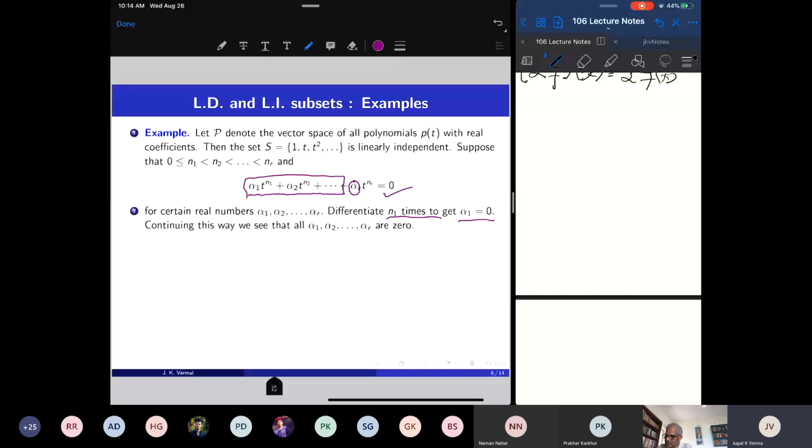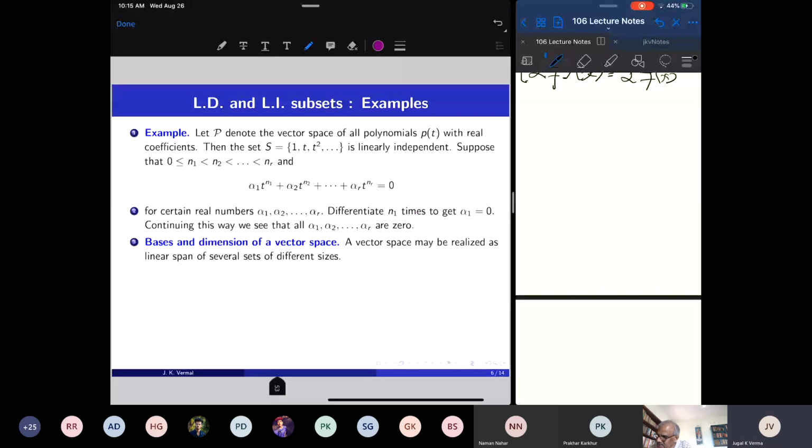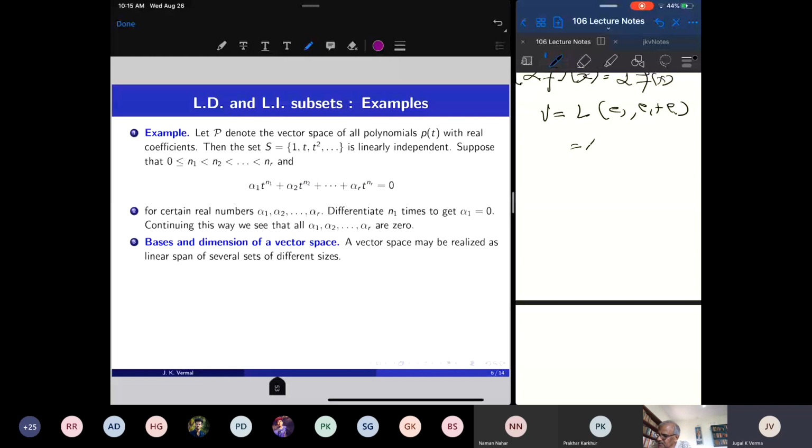That is done by introducing what is called basis and dimension. A vector space can be a linear span of several sets. If my vector space is the linear span of, say, E1 and E1 plus E2, then it is also the linear span of E1, E2, E1 plus E2, or 2E1.